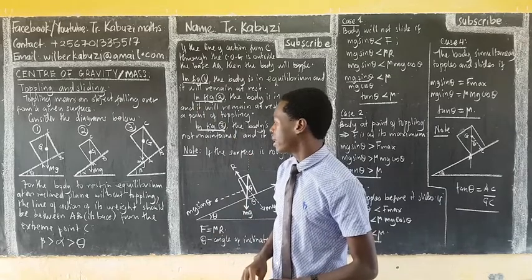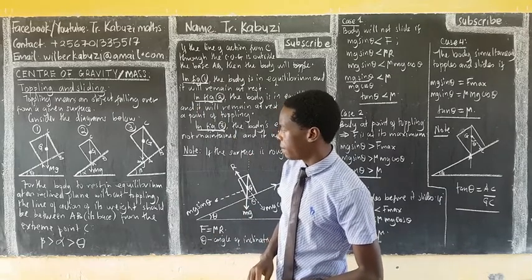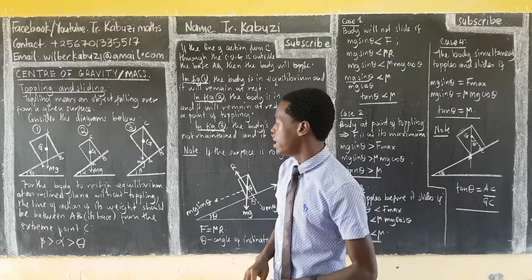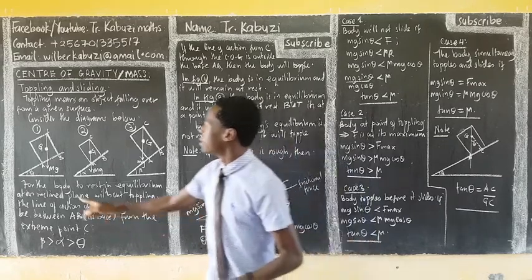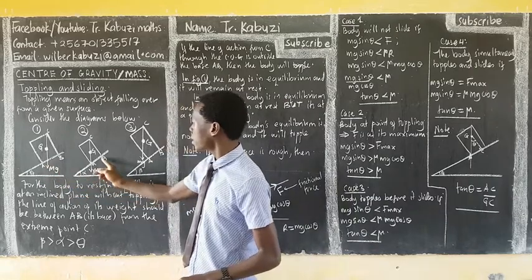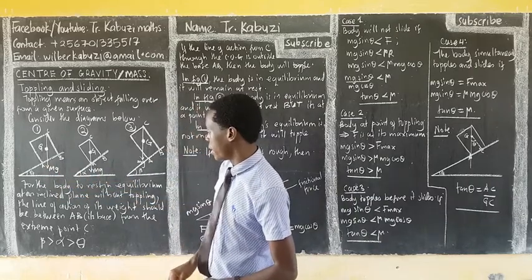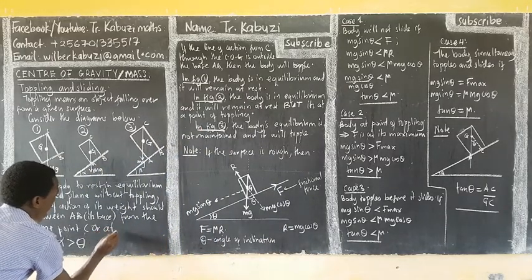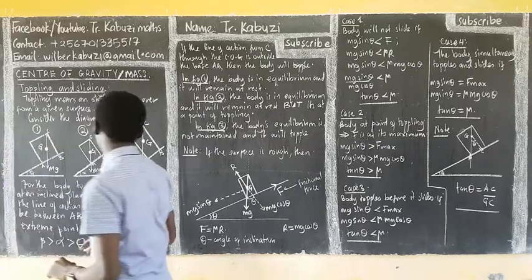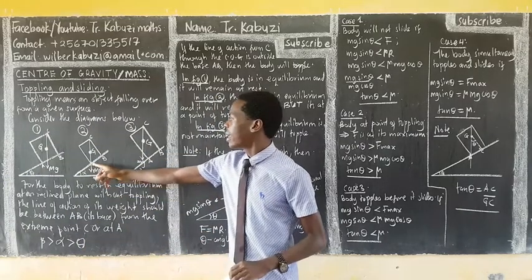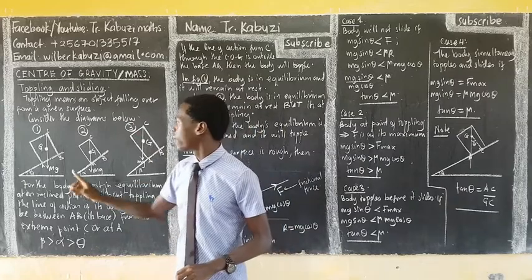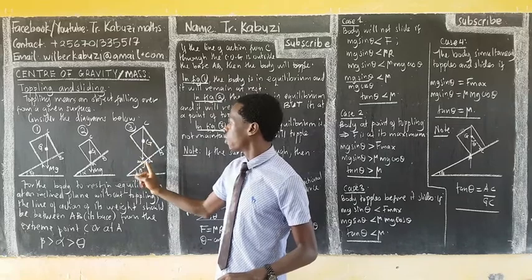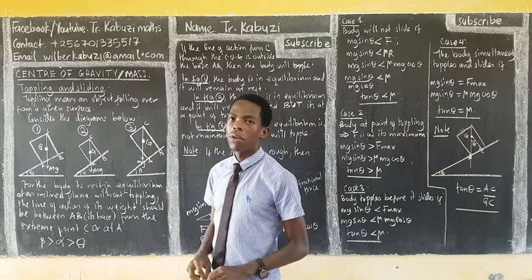So for the body to rest in equilibrium on an inclined plane without toppling, the line of action of its weight should be between AB from the extreme point C, or at A. So at A, the body is going to remain in equilibrium and rest for these two cases, here and here. But when this line of action goes outside, the body is going to fall off.